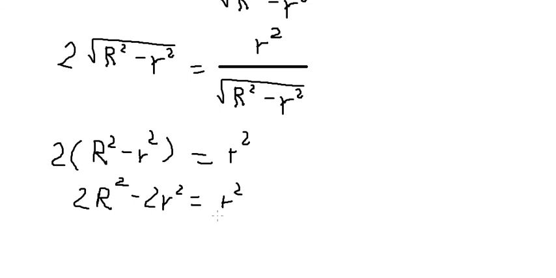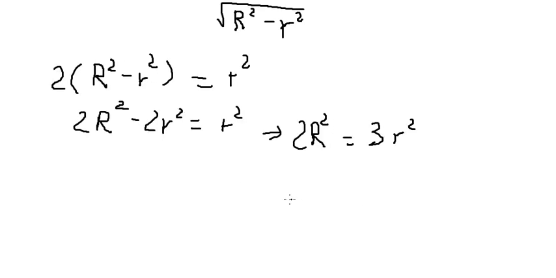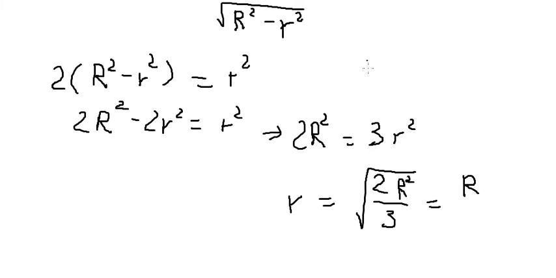So we put this one on the right. And we got r equals the square root of 2R squared over 3. So we got the simplified form, that should be R times the square root of number 6 over 3.